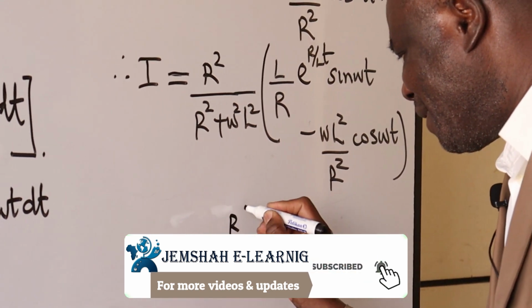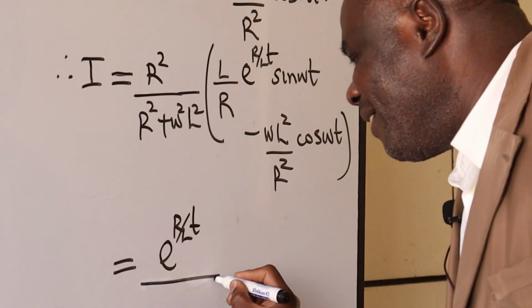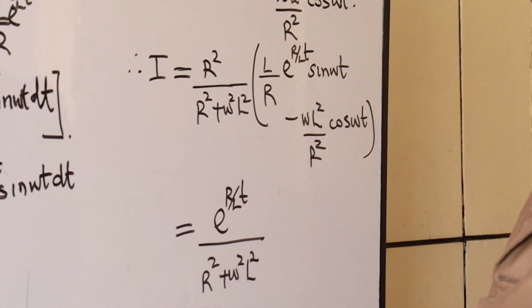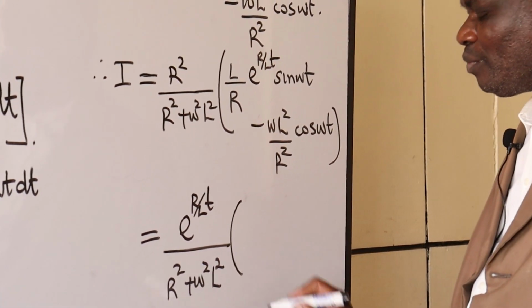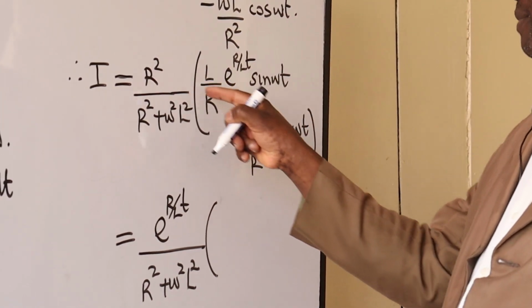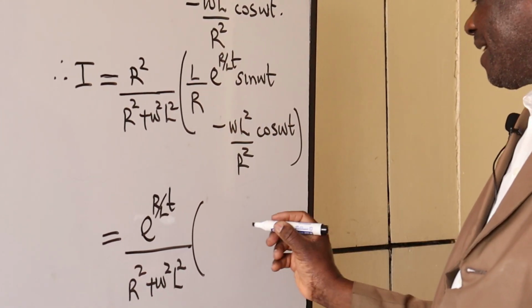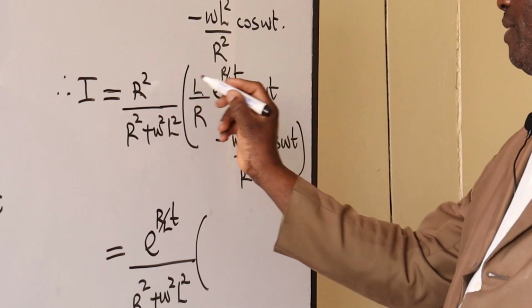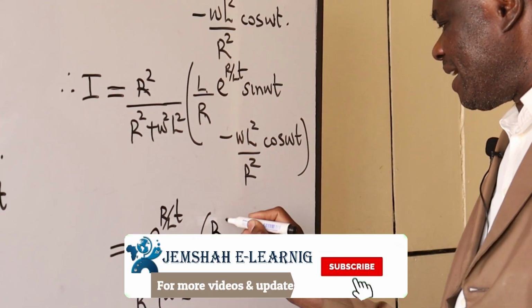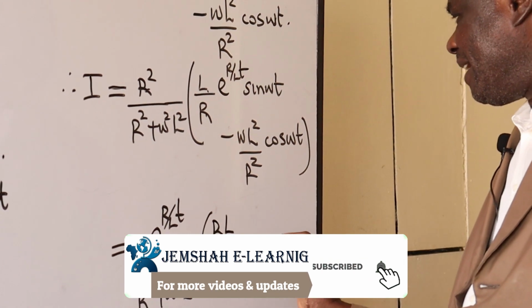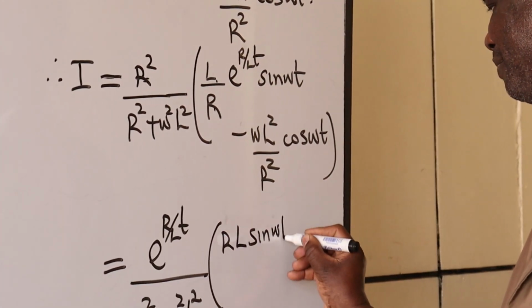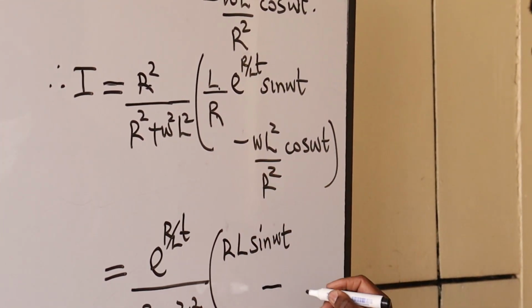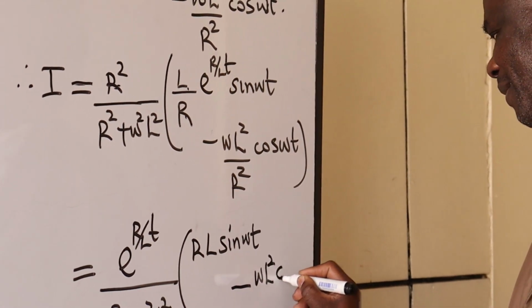It will be exponential R all over L t all over R squared plus omega squared L squared into, when we multiply with this, we'll get R. When we multiply here, one R will go, so we'll remain with RL sine omega t minus omega L squared cos omega t.